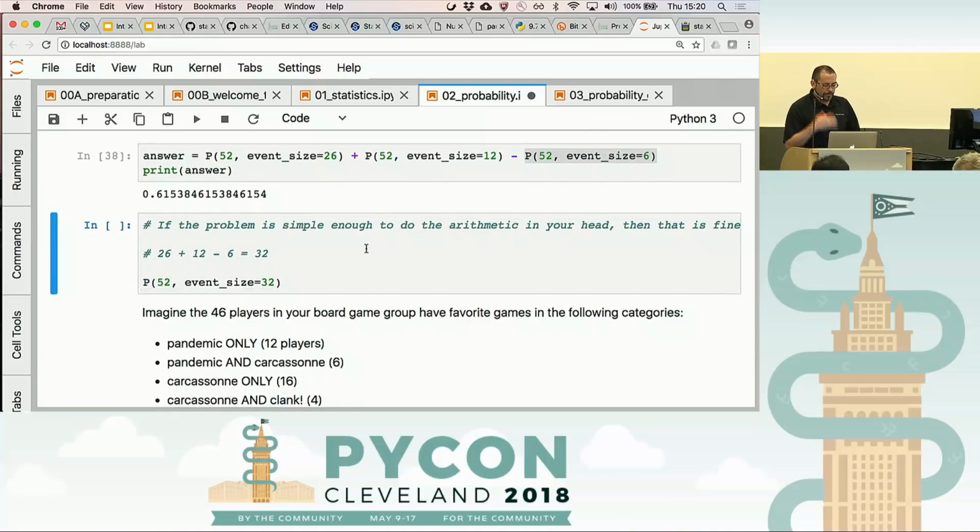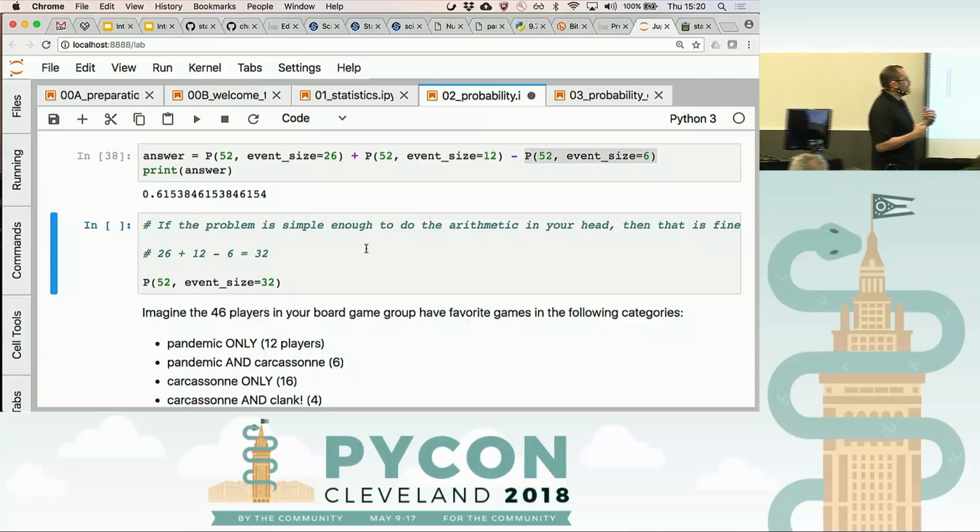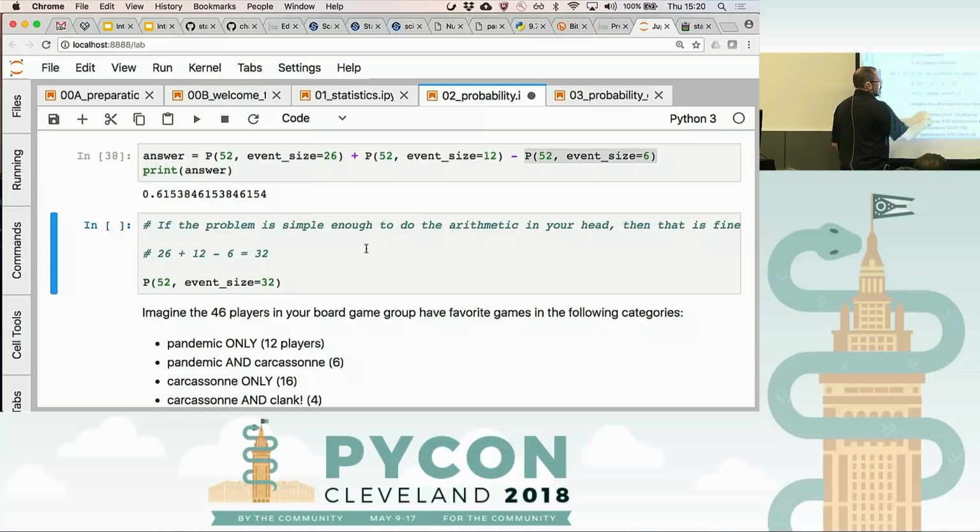All right. Now, you might say, but Chalmer, why do I want to do all this math and write all this code? Because if we think about it, all I need to know is how many reds are there, how many face cards are there, and take away how many duplicates, and I get 32.